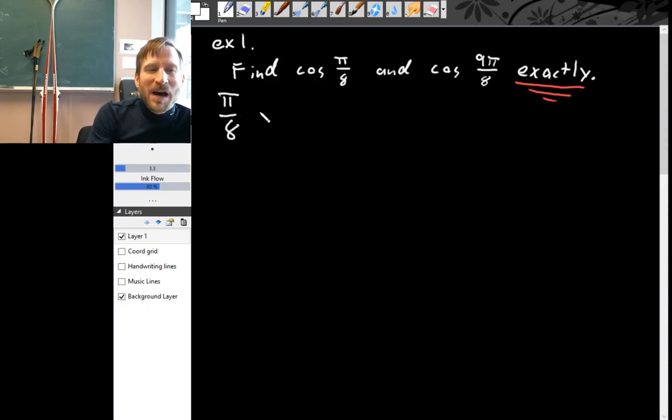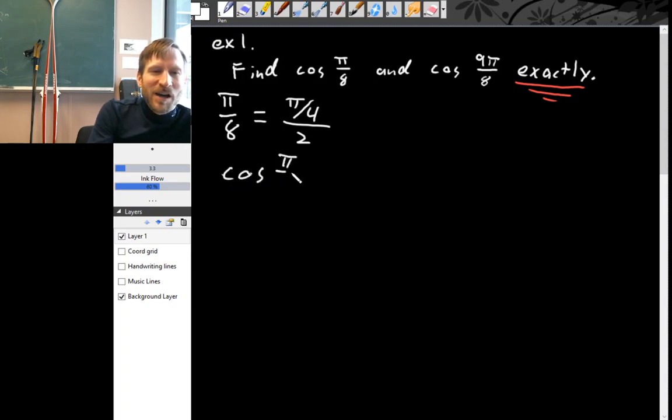And when we work with pi over 8, this is half of a nice angle. Right? Pi over 8 is pi over 4, which is a nice angle, but divided by 2. Now it's starting to look like something that's coming from a half angle identity. Okay, so let's see.